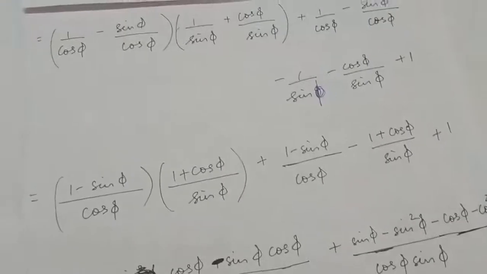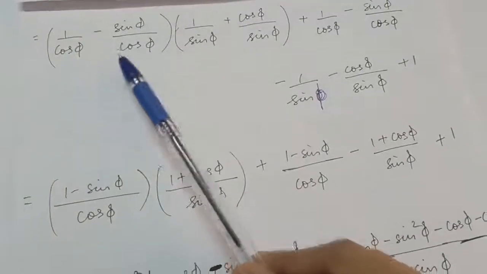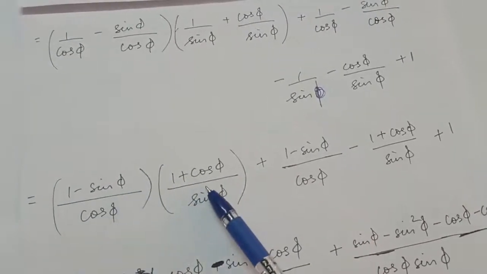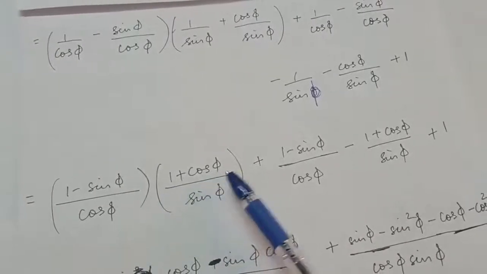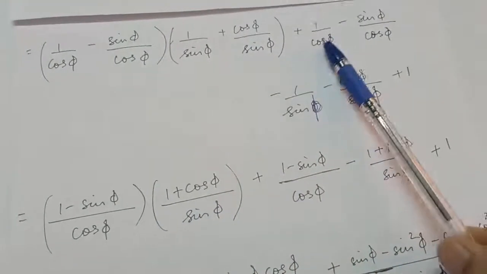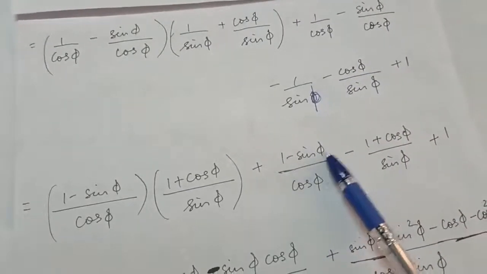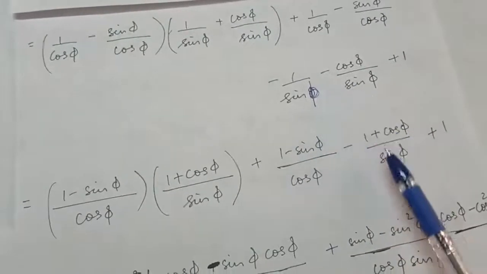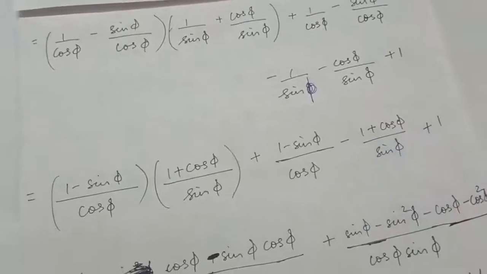Now take the LCM. LCM of these two will be cos phi. In the numerator you will get 1 minus sin phi into this will be sin phi LCM. So you will get 1 plus cos phi, plus take the LCM of these two terms, so it will be cos phi in the numerator, 1 minus sin phi, minus take the LCM of these two, it will be sin phi. In the numerator you will get 1 plus cos phi plus 1.